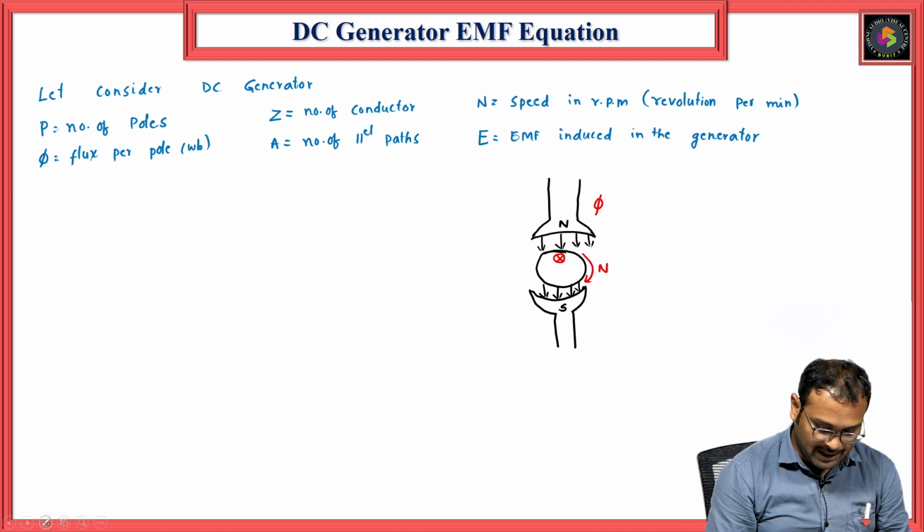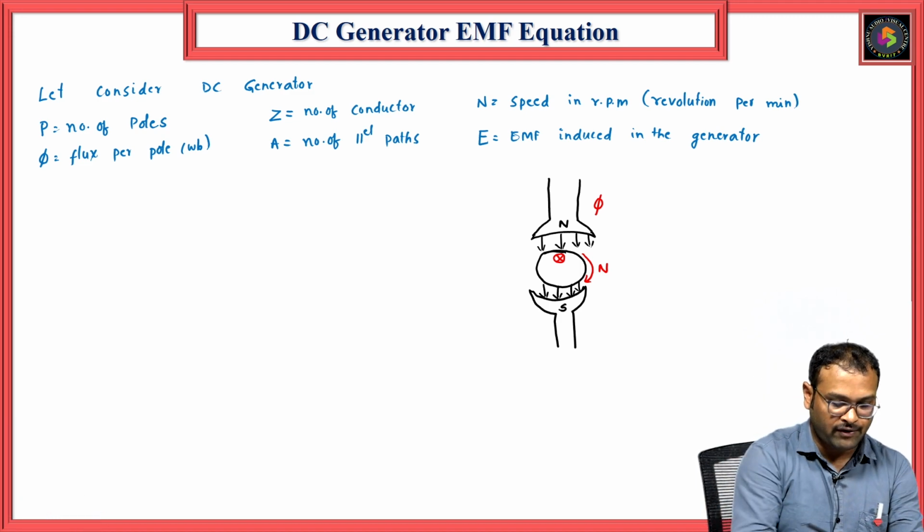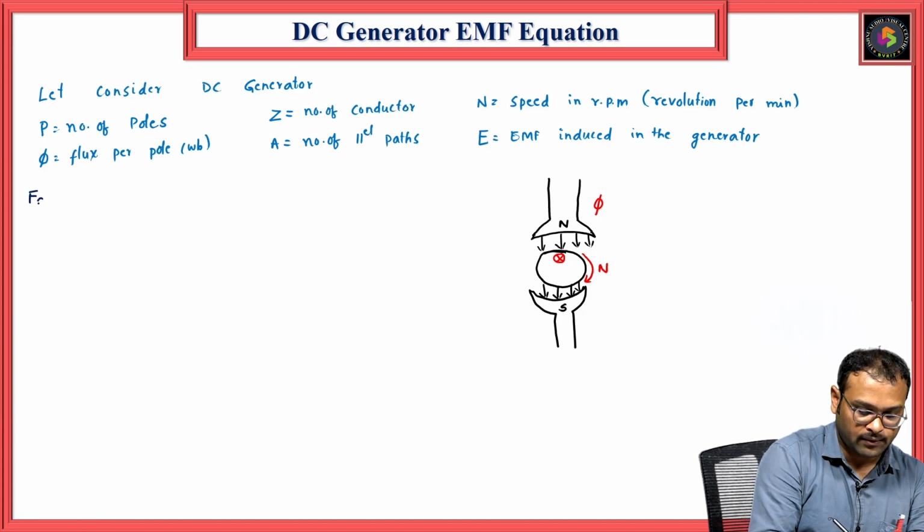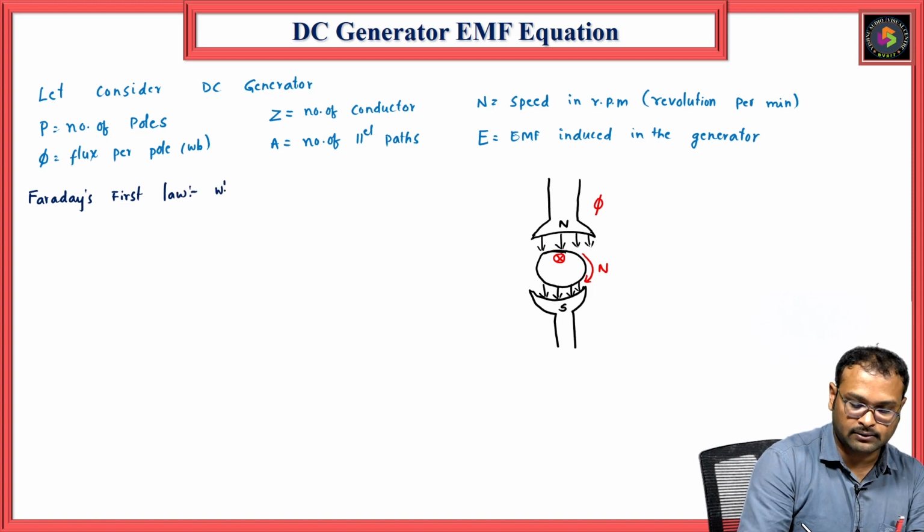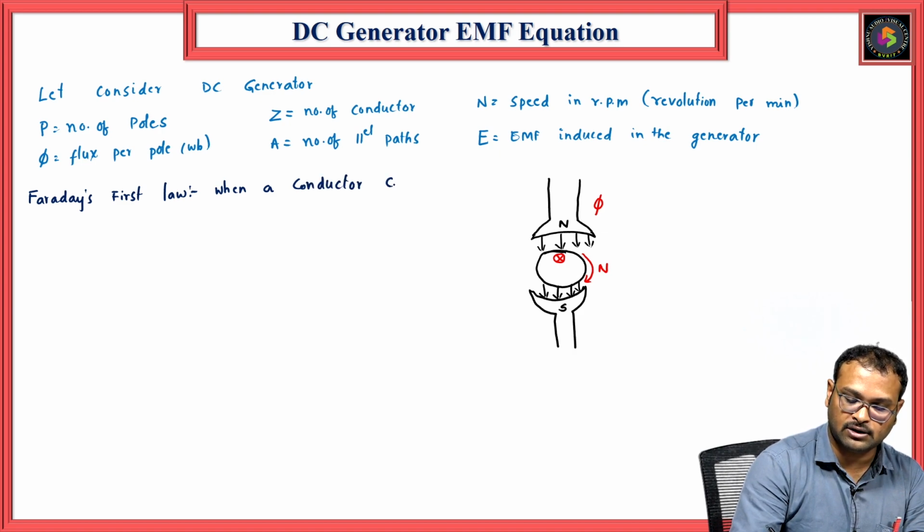From Faraday's first law, when a conductor cuts the flux, an EMF will be induced in it.